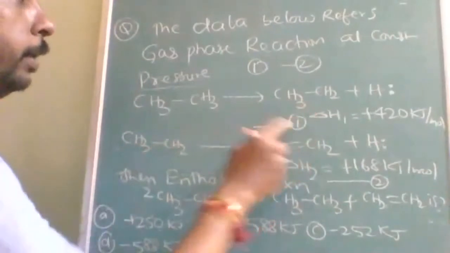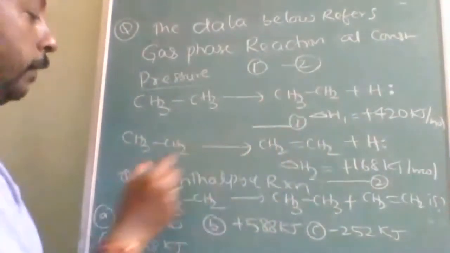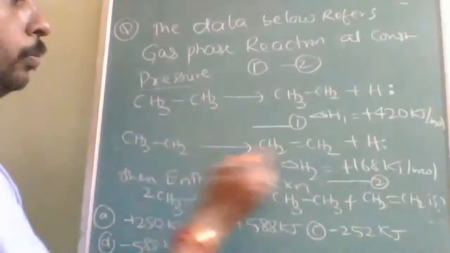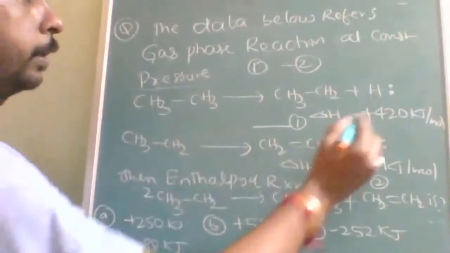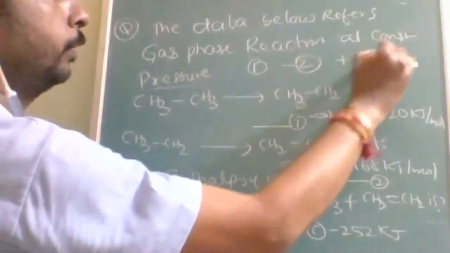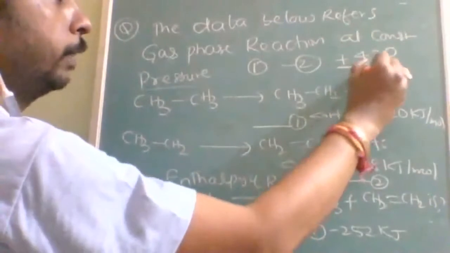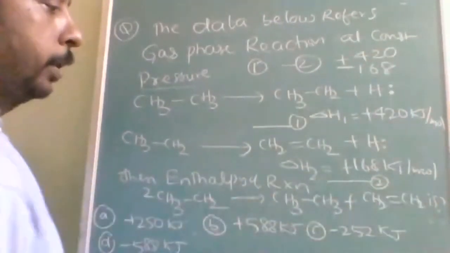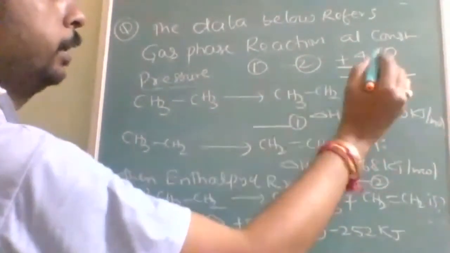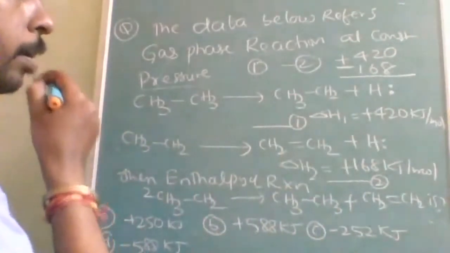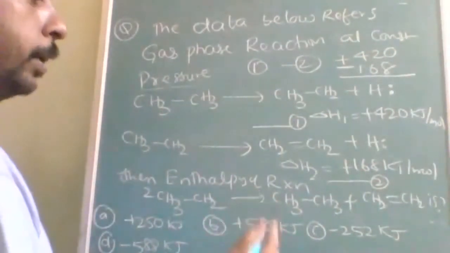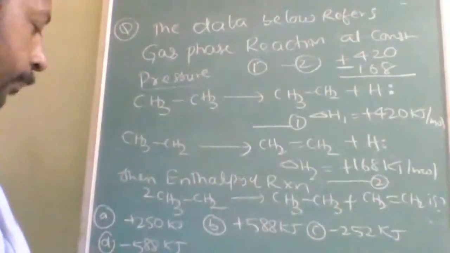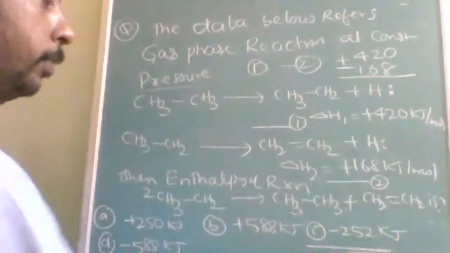See, equation 1 minus equation 2. When equation 2 is subtracted, it will be 420 minus 168. Okay, so after subtracting we will get 252.